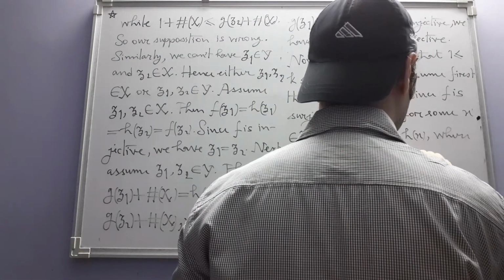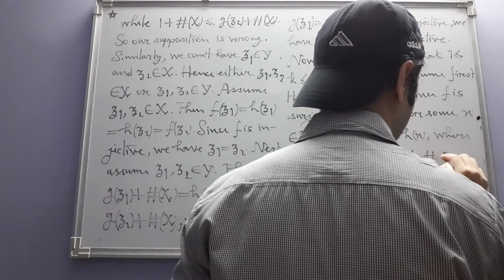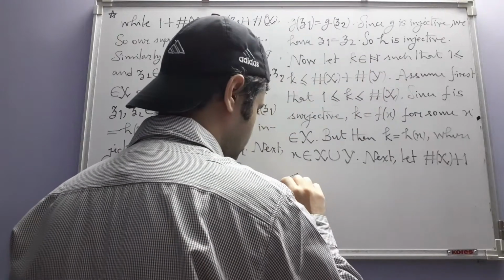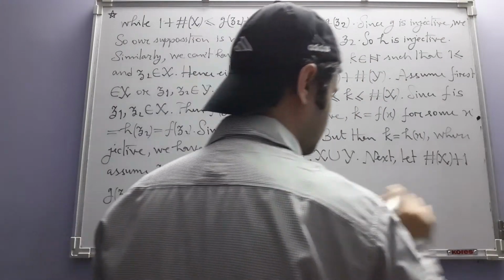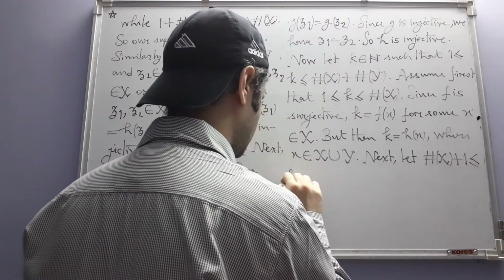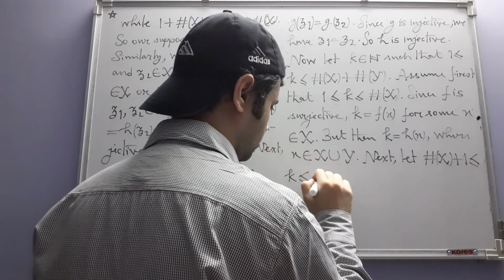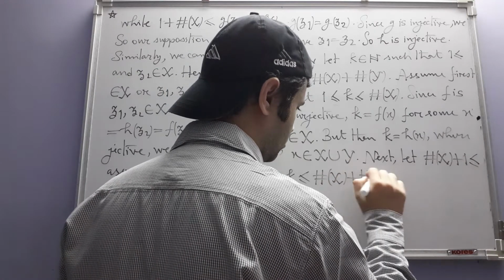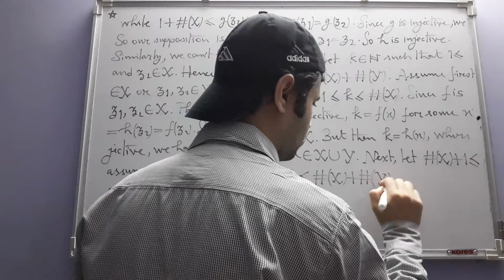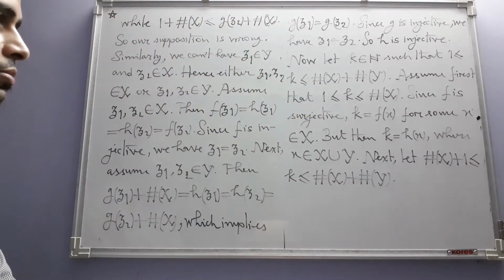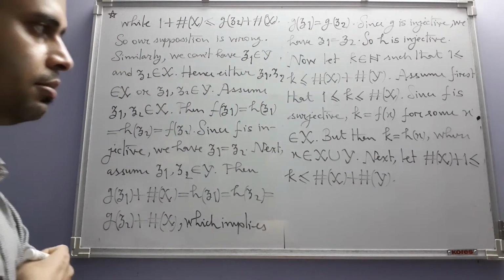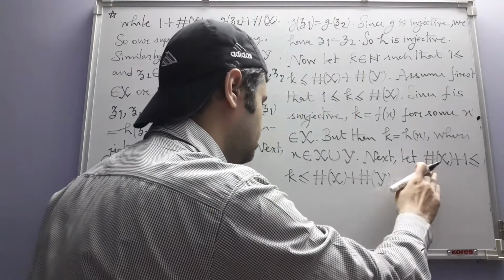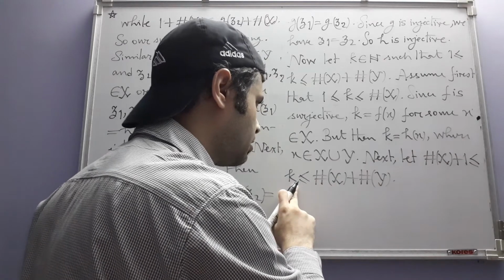Next, the remaining case is this. Now note that K is a natural number.